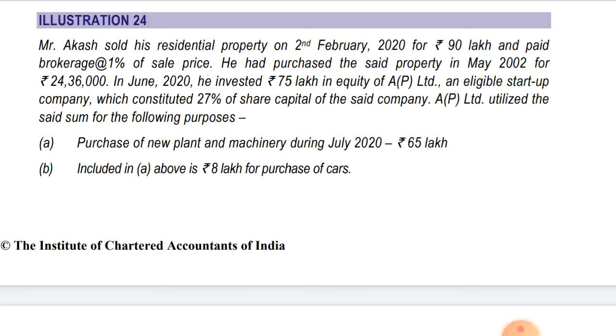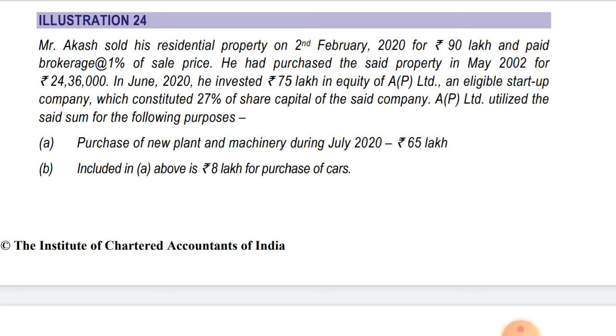New assets are defined in the provision, which lists what is not included. So if the eligible startup company invests the amount received for the purchase of new plant and machinery, then the individual or HUF will get the exemption under section 54GB.